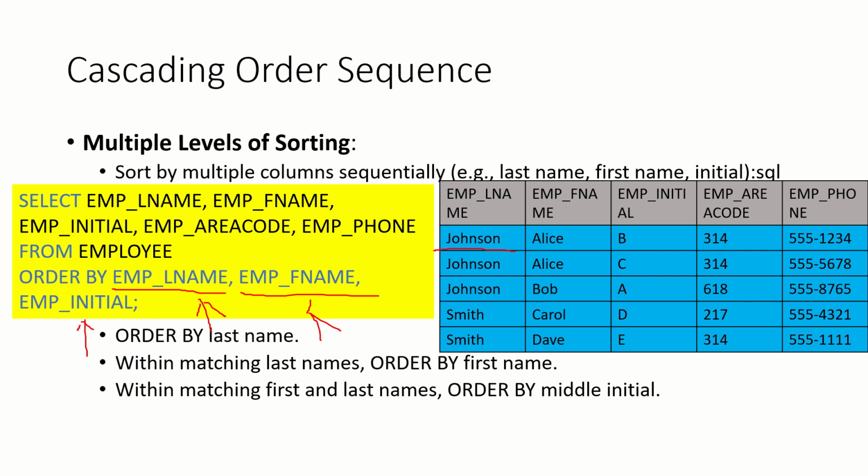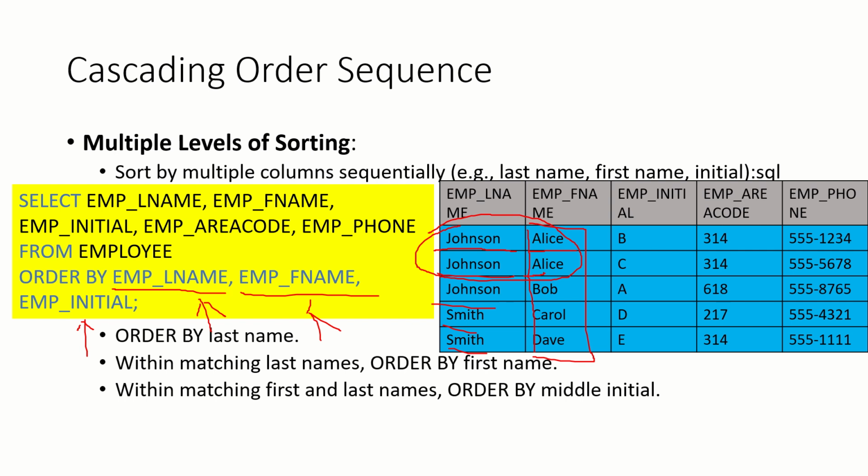Ascending, you can see Johnson, Johnson, Johnson, Smith, Smith. However, the Alice right here is also ascending: Alice, Bob, Carol, and Dave, right? But for this case, Johnson, Alice, they have the same first name and last name.